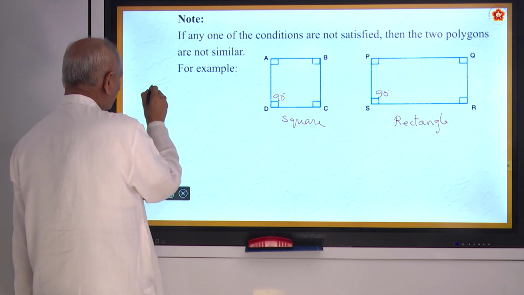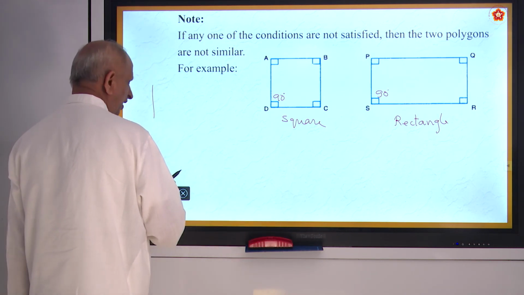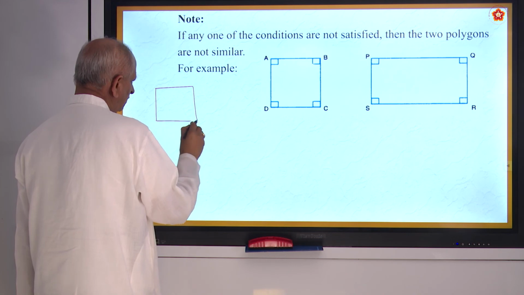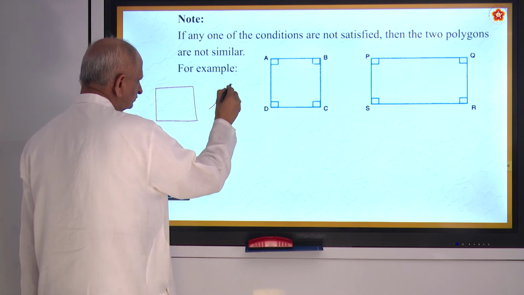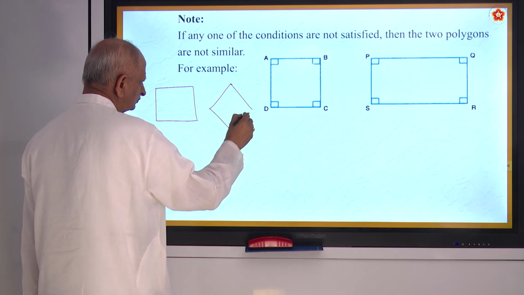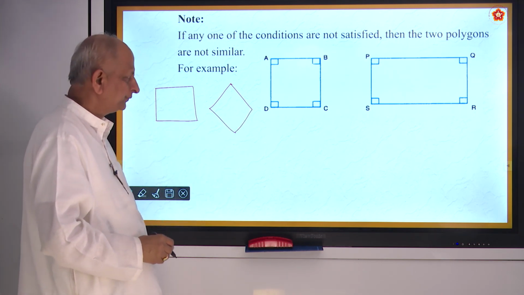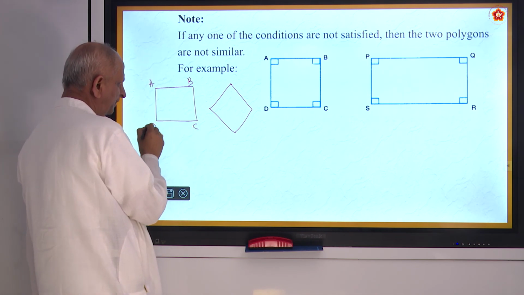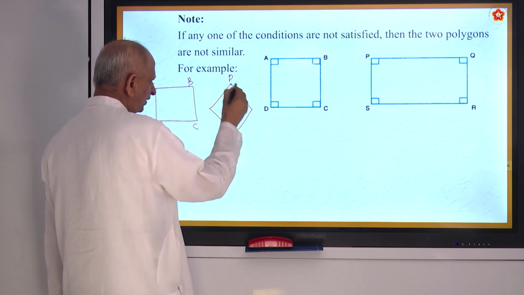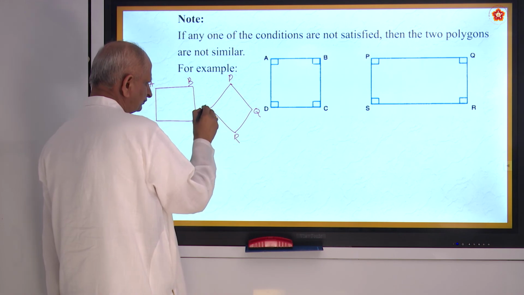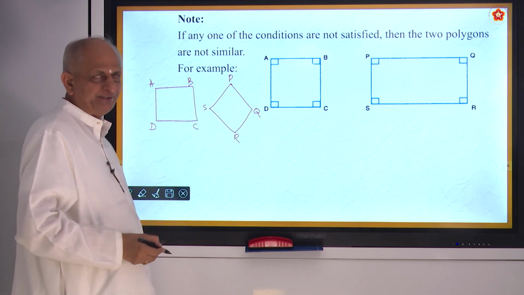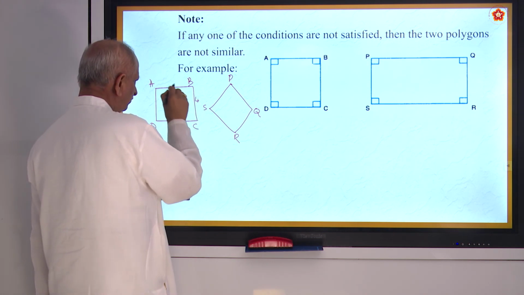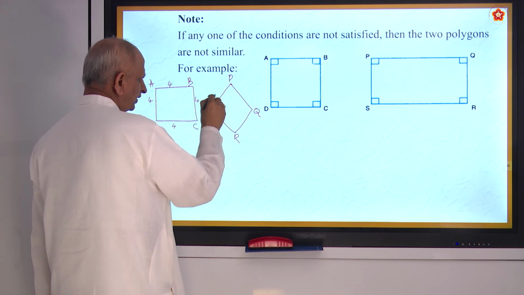Similarly, you can think of one more. Say if you have a square and a rhombus. I am drawing a rough figure. Suppose you call this square ABCD and the rhombus PQRS. Here we can think that sides are the same. If you say it is 4, all sides in a square are the same. Here also all sides are the same.